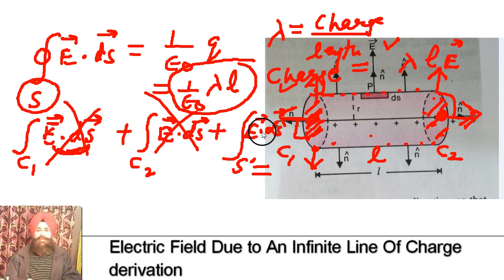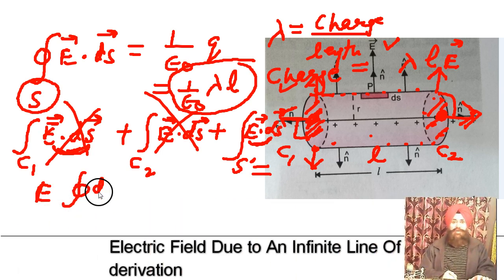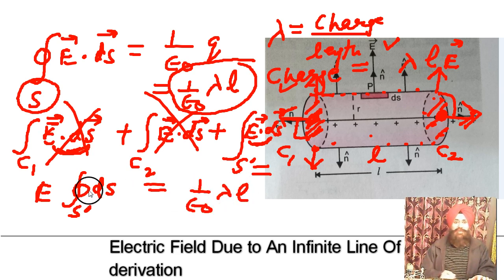So the dot product means cos theta, and here for the curved surface cos 0 is 1. So here we are left with only E into ds over S dash. S dash means the curved surface of the cylinder. It is equal to 1 over epsilon naught into lambda into L.